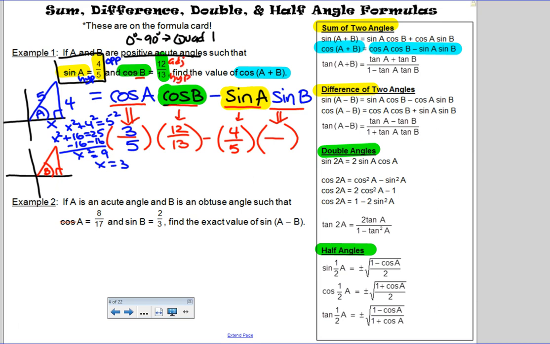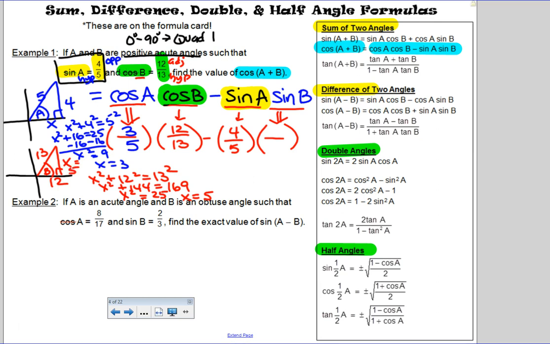So I know that the A side is 12 and the H side is 13, and I need to figure out that side. So same thing, we're going to do Pythagorean theorem. I'll shortcut that. X squared is equal to 25, so x is 5. So now we know that this is 5.